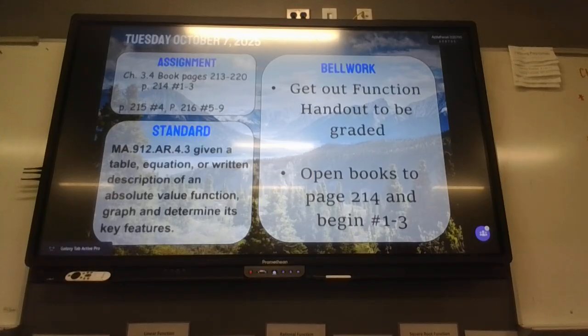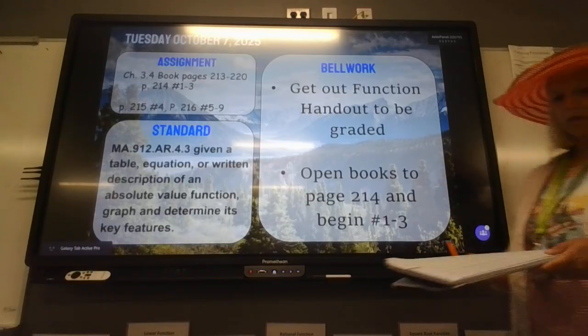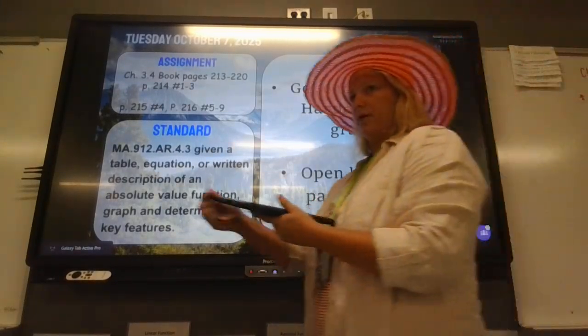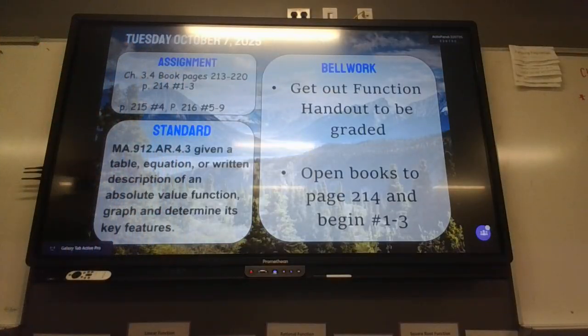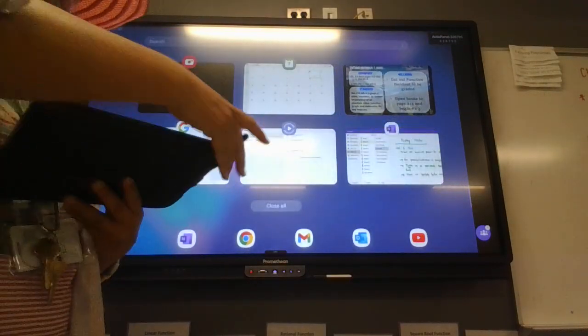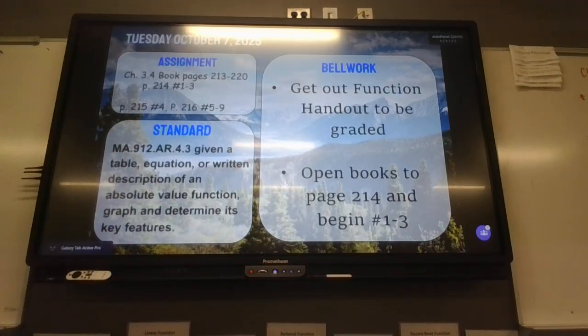I'm gonna go through this. Page 214. I'll probably be going through things. Let me write this whole assignment down that we're gonna get to today. Okay.